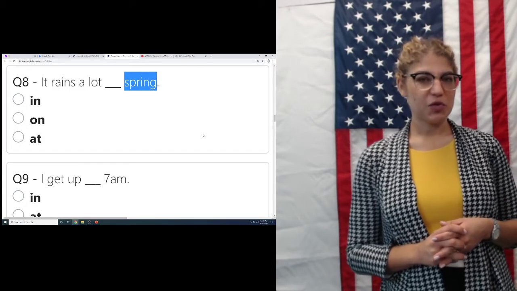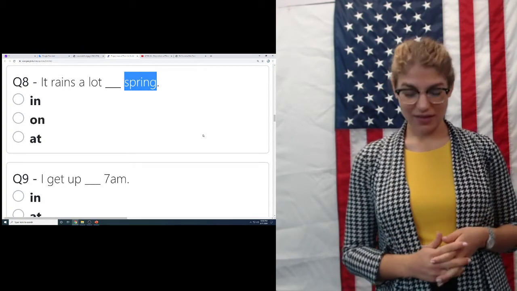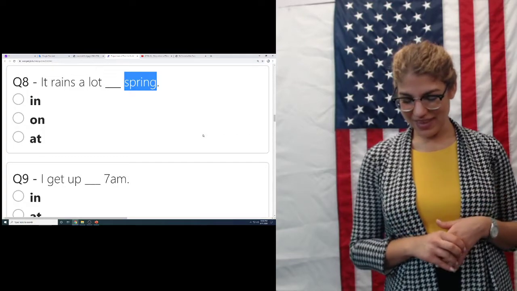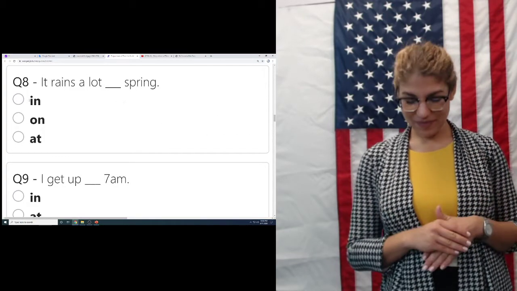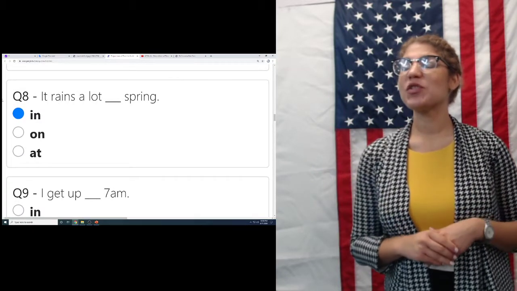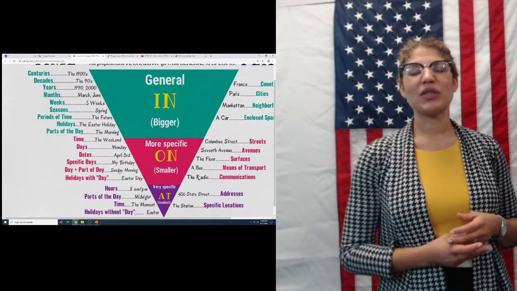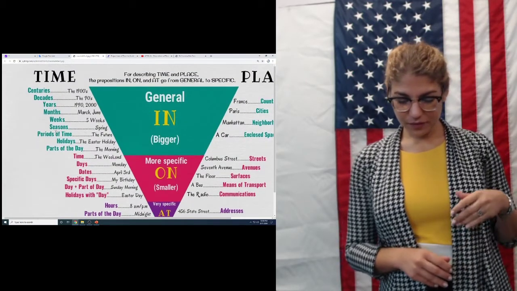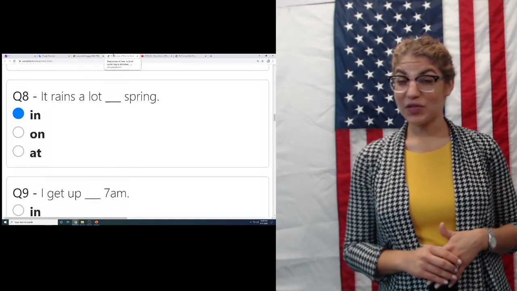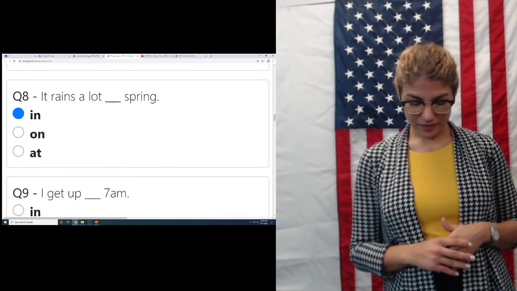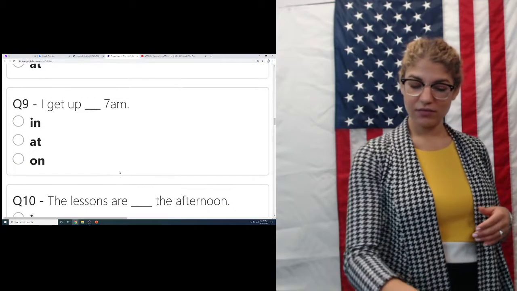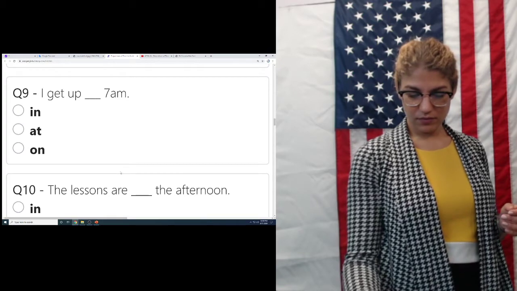What do we use with a season? All right, Miss Carlita, thank you, Miss Brenda. In. Because the time is larger and more general, we will use the word in. It rains a lot in spring. In fact, should it be in the spring? Maybe.